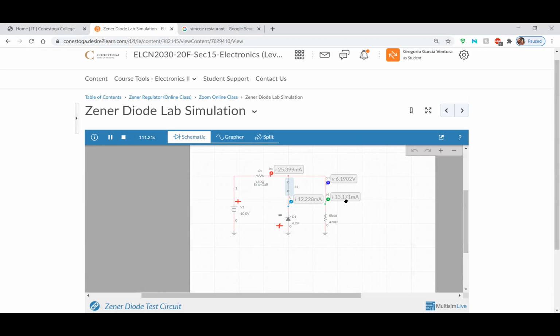This 13.71 milliamps plus the current through the Zener diode is equal to the total current that flows through my source resistor. Again, that's one of the rules for parallel circuits: the sum of all the currents on the branches is equal to the total current in the circuit. Any questions so far?